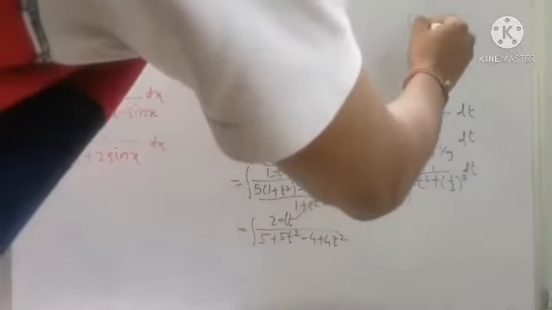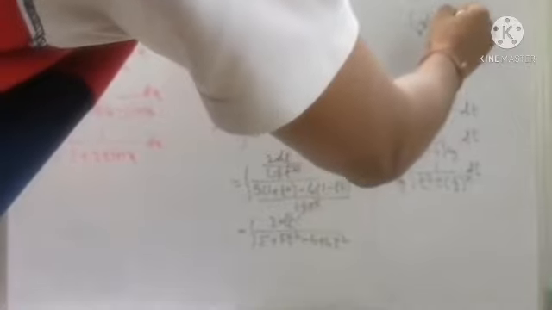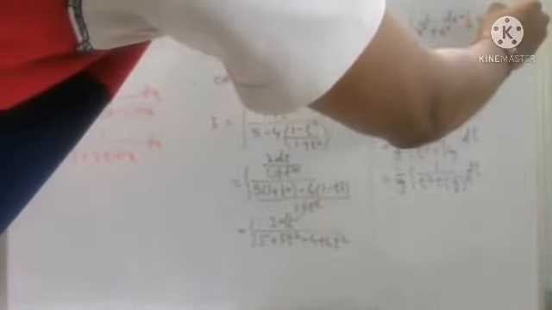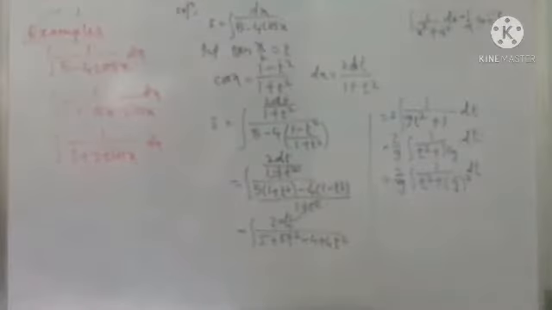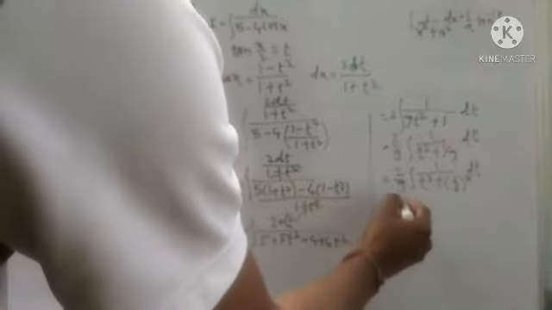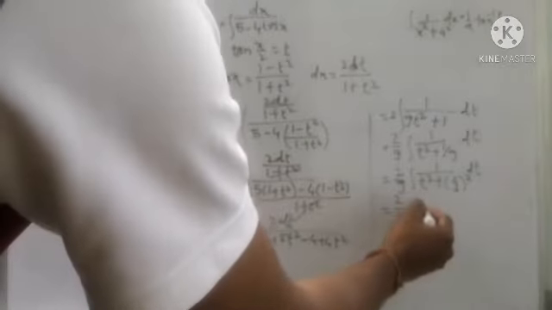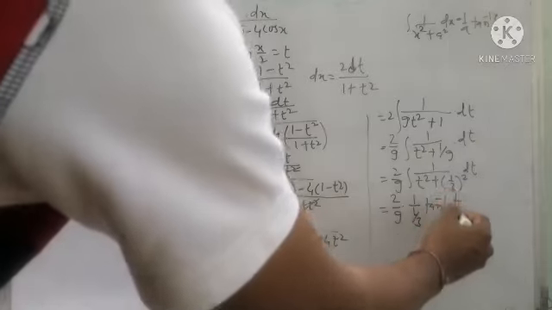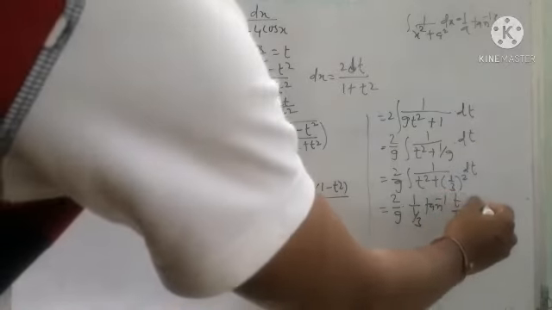As we know, the integral of 1/(x² + a²) dx is (1/a) tan⁻¹(x/a). Remember this. Here a is 1/3 and x is replaced by the variable t. So the integration will be written as 2/9 as it is, which is a constant, into 1/a, now 1/3, into tan⁻¹ of variable t divided by a, again 1/3, plus c.